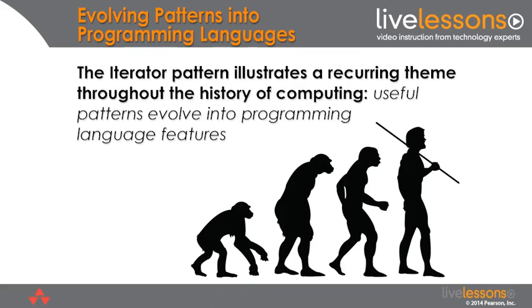In fact, this issue of the iterator pattern becoming a language feature is a recurring theme throughout the history of computing. In general, patterns that are useful in one generation of programming often evolve into programming language features in subsequent generations.